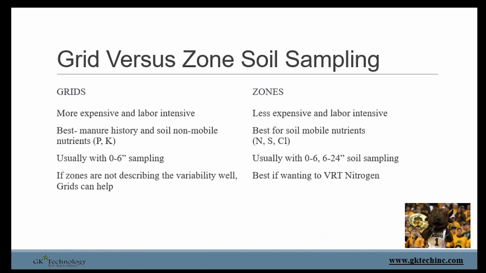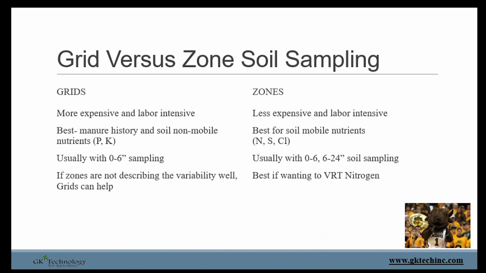So, grid versus zone soil sampling. I do kind of want to bring up a little bit of difference in that. By and far and away in our region in North Dakota, and as you move further west throughout the United States, we do a lot more zone sampling here than we do grid sampling. Although there are exceptions to every rule, and I am aware of some grid sampling happening. Grids are a lot more expensive and labor intensive than zone sampling is.